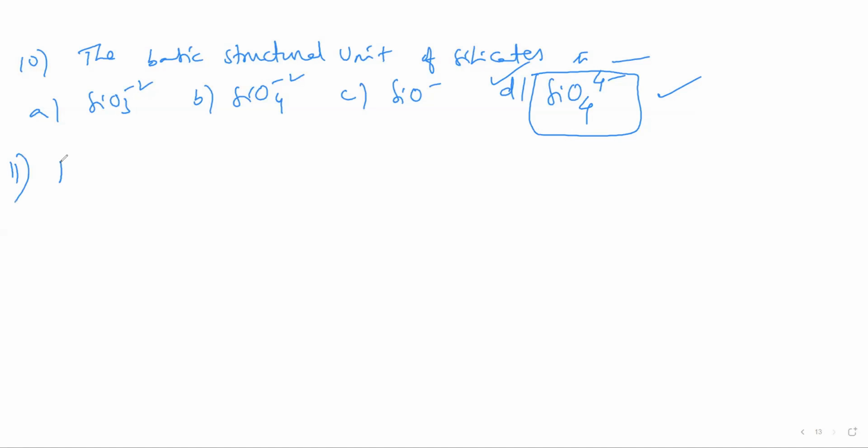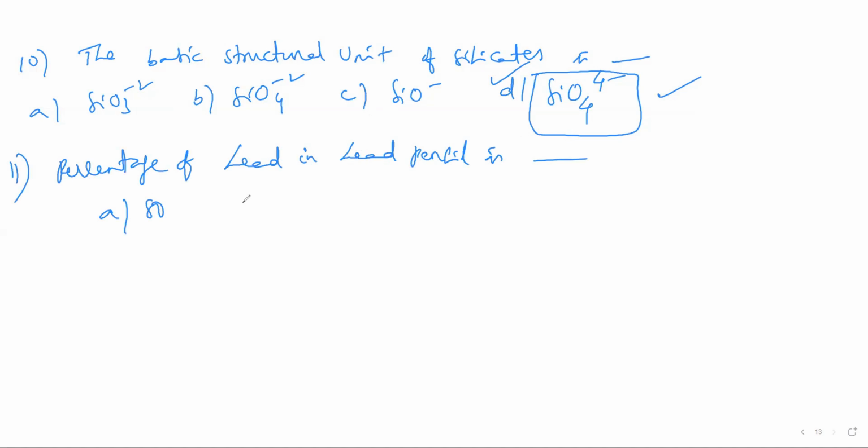Next, percentage of lead in lead pencil is: A, 80%; B, 20%; C, 0%; D, 70%. What is the correct option?